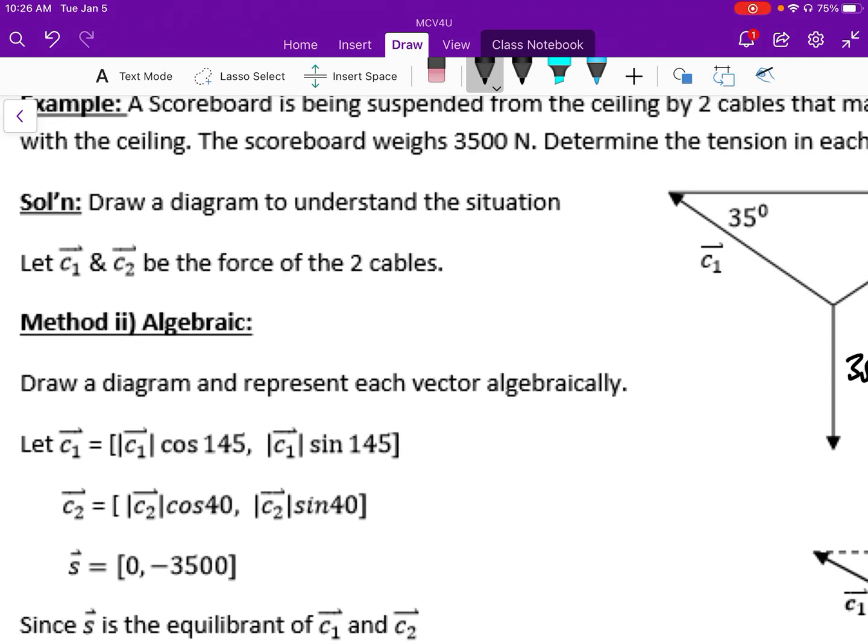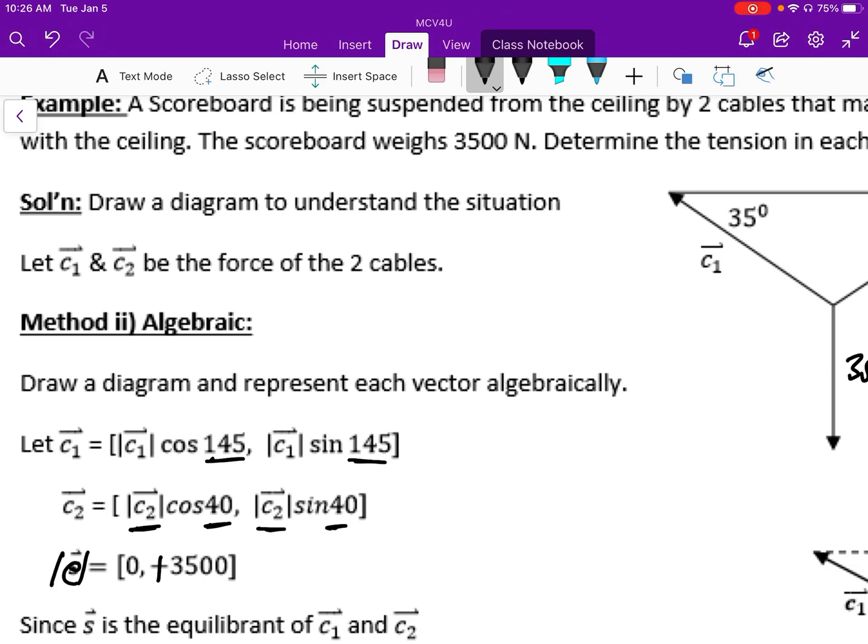We see cable 1. We don't know what the magnitude is, but we do know the angle. Cable 2, we don't know what the magnitude is, but we do know the angle, right? Since we already know the scoreboard is going down, then the equilibriant is going to go up. So maybe if I change that to an E to make equilibriant, that's why we have the plus 35.